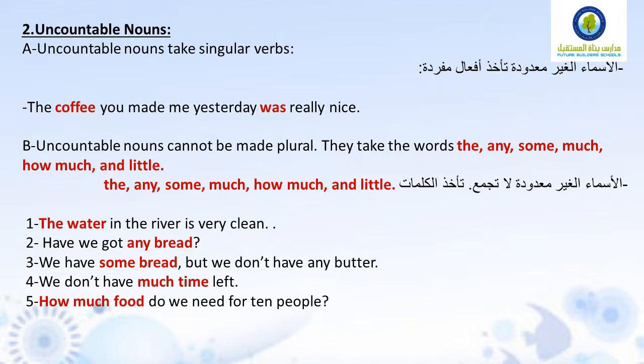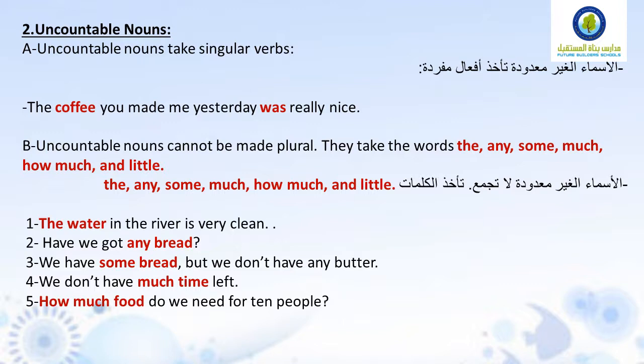We can't say coffees. Because we can't have the plural of it, it's uncountable. You can't say one coffee, two coffees. We can say one cup, but the coffee itself, we don't have any plural form from this word.